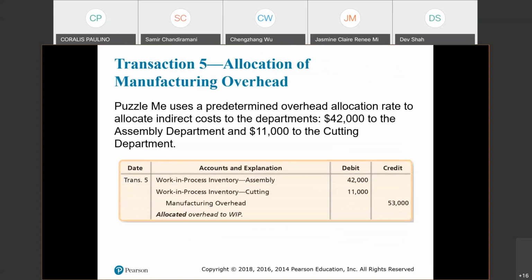And next is allocation of manufacturing overhead. Let's assume Puzzle.me uses a predetermined overhead allocation rate to allocate indirect costs to departments: $42,000 to the assembly department and $11,000 to the cutting department.